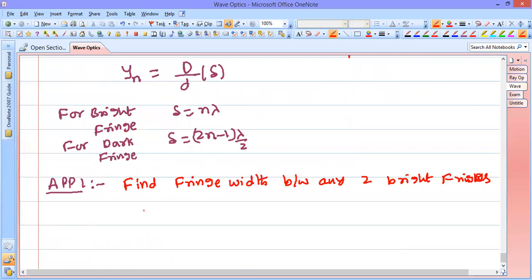Suppose let us consider the nth bright fringe and the (n minus 4)th bright fringe. I need to find this fringe width.